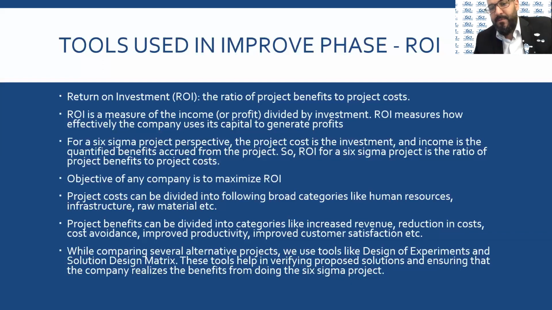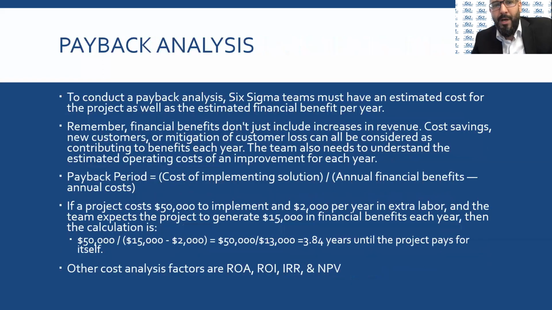These tools will help verify the proposed solution and ensure that the company will get the maximum benefit from a Six Sigma project. So using multiple tools in the improve phase gives you an opportunity to look into the project from different perspectives, such as financial, environmental, efficiency, and safety. You could look into different perspectives, not just one of these tools.